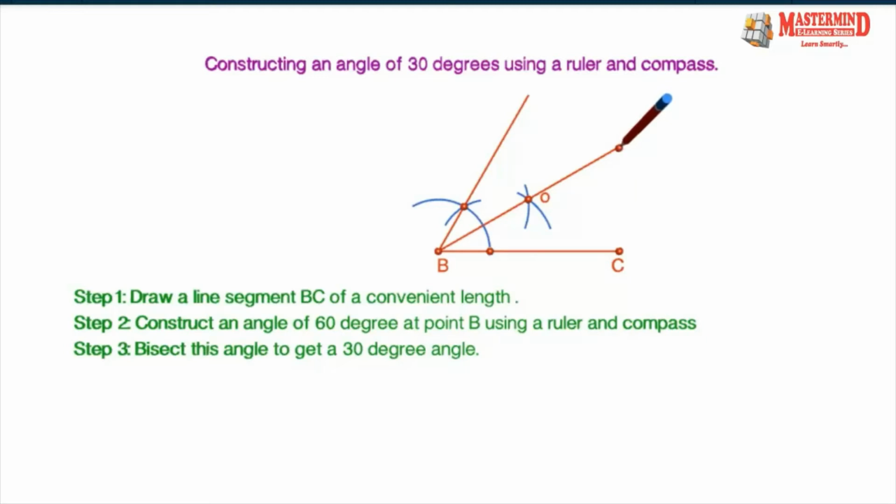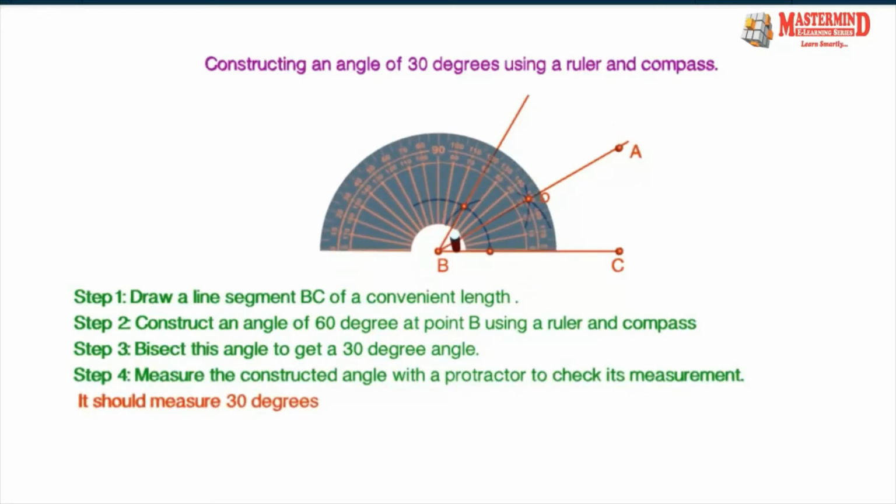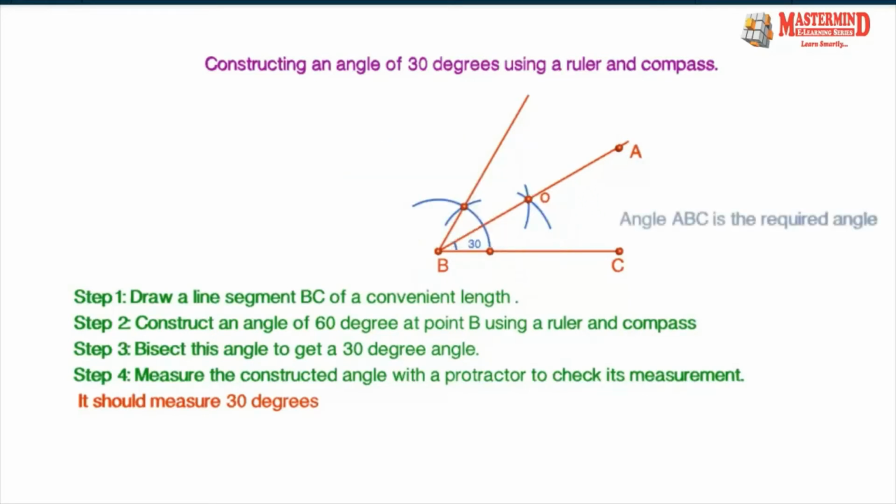Our angle is ready. Measure this constructed angle with a protractor to check its measurement. It should measure 30 degrees. Angle ABC is the required angle.